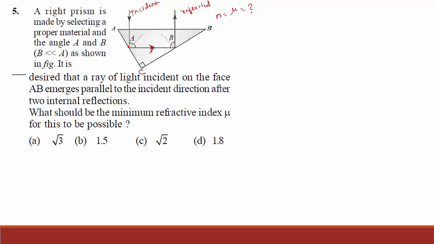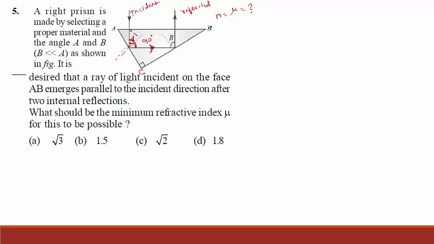Now here, from this diagram we can easily say that when this ray of light undergoes total internal reflection, the total angle is how much? 90 degrees. So now we can find the angle of refraction. Let us draw the normal. So this is a normal here. The angle between incident ray and normal is the angle of incidence.